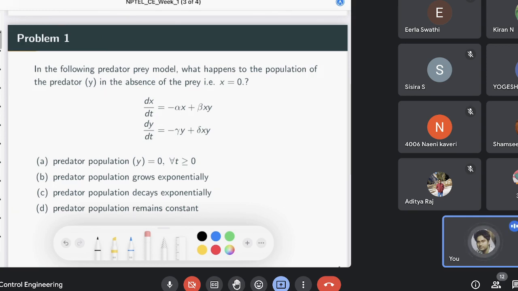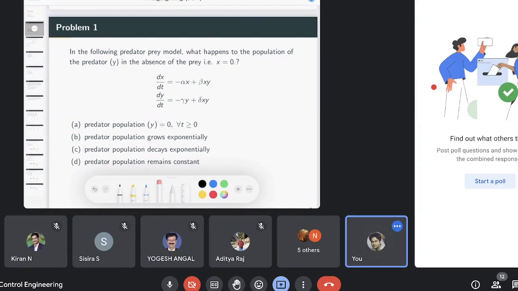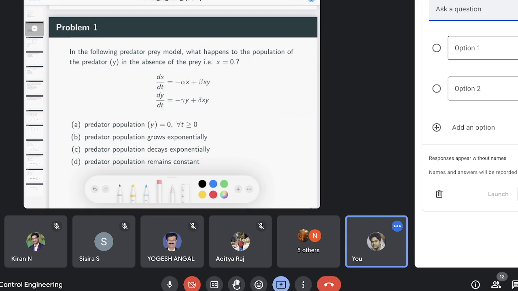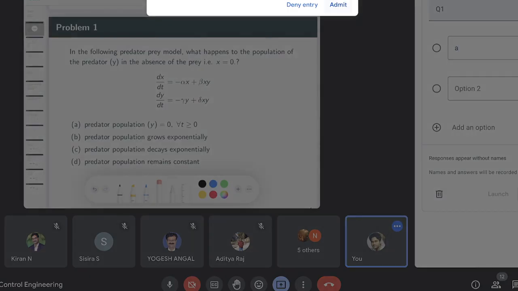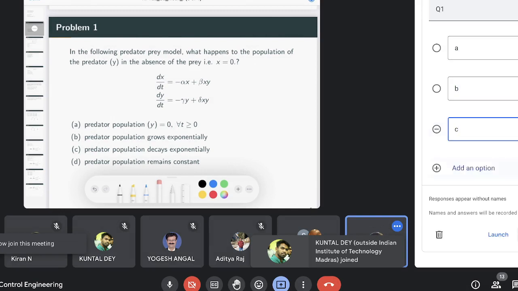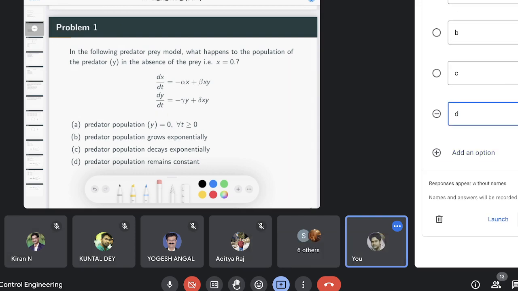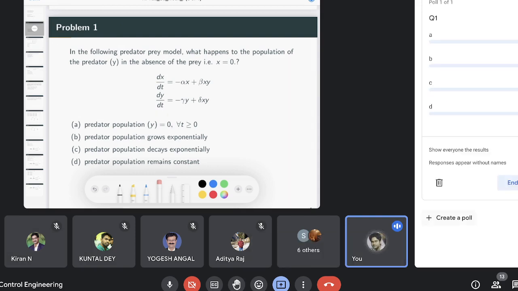I'll start this poll, you can answer there. This is question one. I hope you can see the poll, and then you can answer. This is just a direct question, so you can take 1 or 2 minutes and answer.